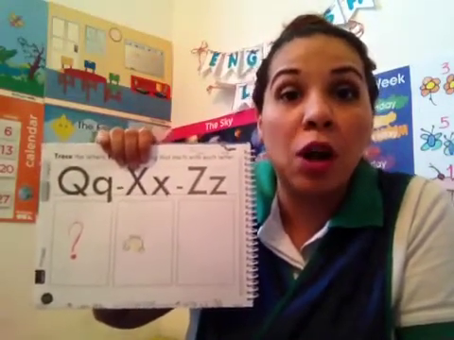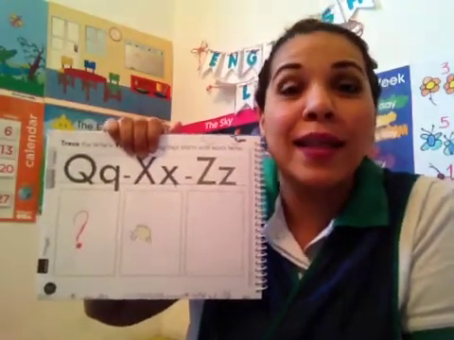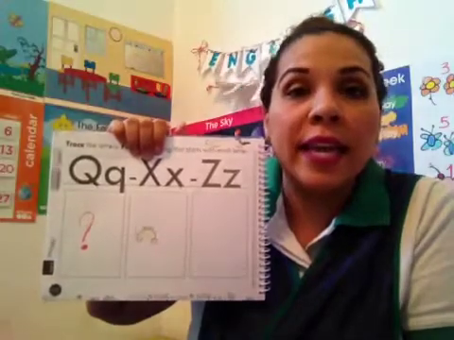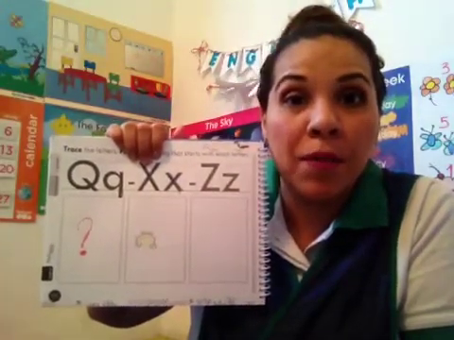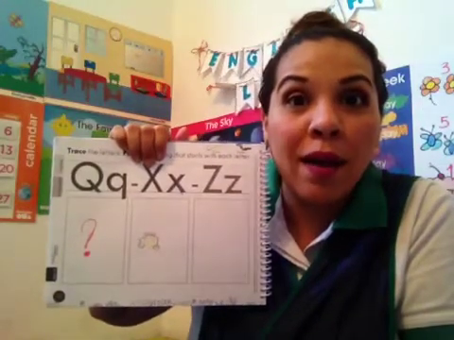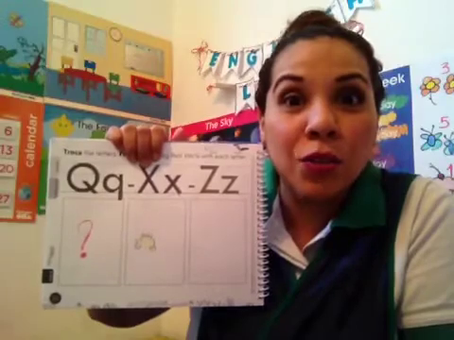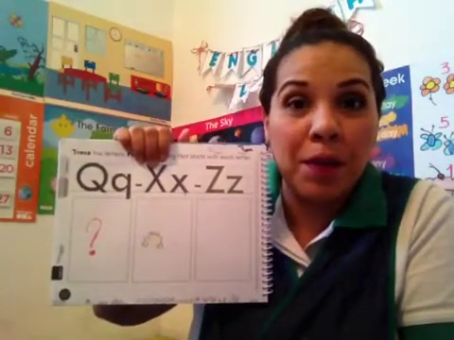Z is for zoo. Excellent. Zoo. Z is for zipper. Zipper. Z is for what else? Zookeeper. Very good. Zookeeper.